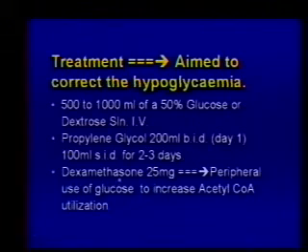We can also use dexamethasone, 25 milligrams, and this basically reduces peripheral use of glucose to increase the acetyl-CoA utilization, so the acetyl-CoAs can enter the TCA cycle, the Krebs cycle, and the cow can then produce more glucose that way.